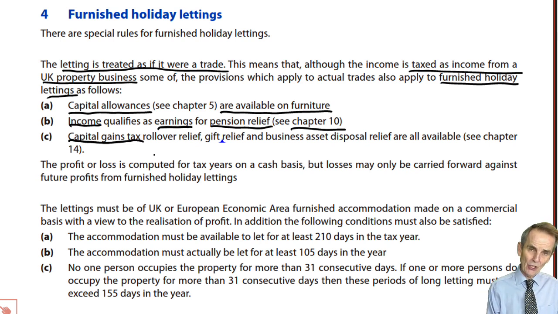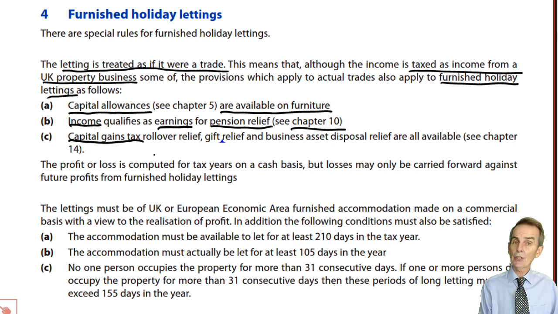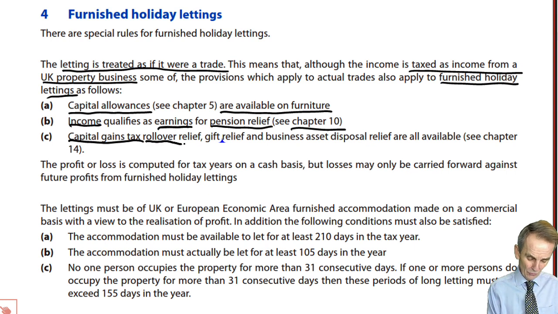But there are certain reliefs, don't matter now what they are, that by the time you've dealt with CGT, you will understand the benefit that they provide to taxpayers. One of these is called Rollover Relief. There's a glorious name.